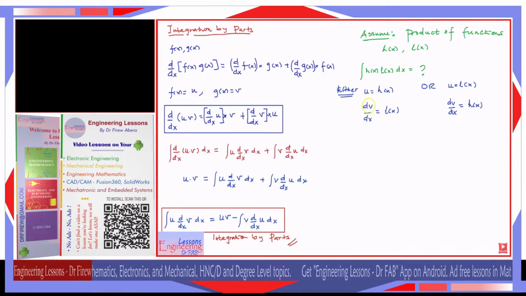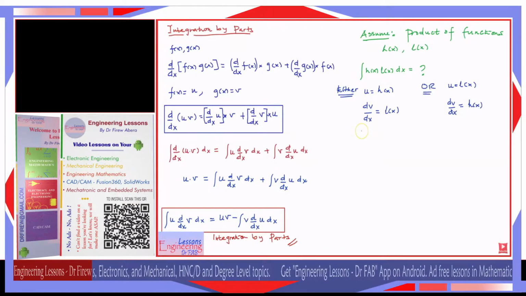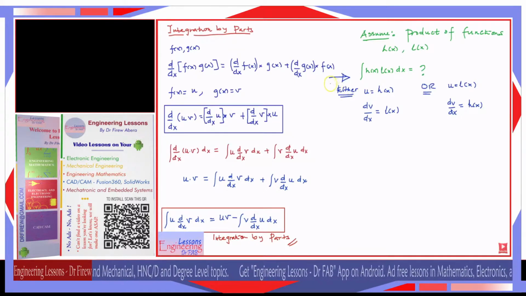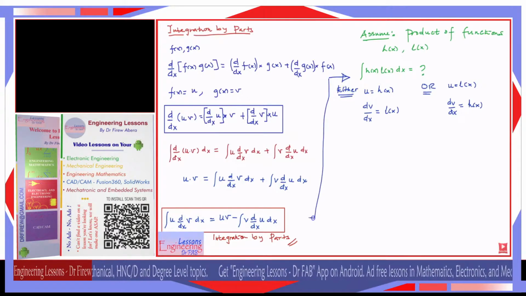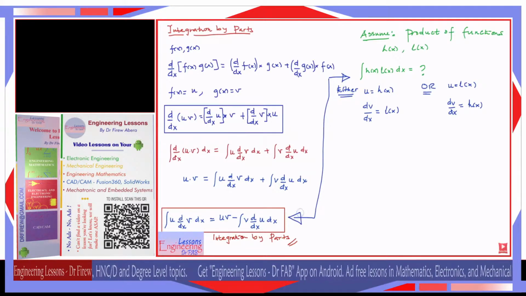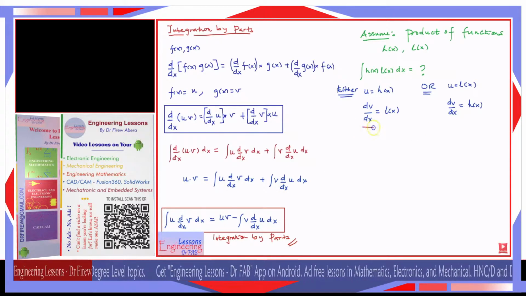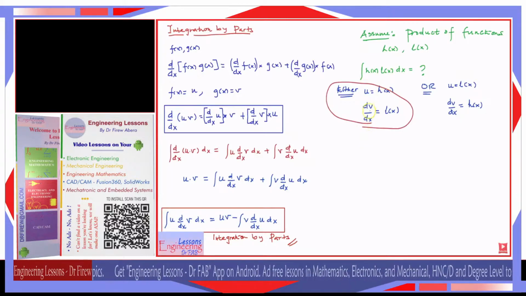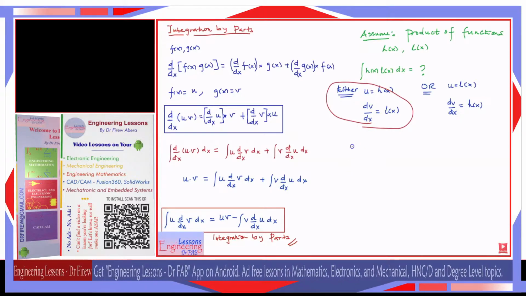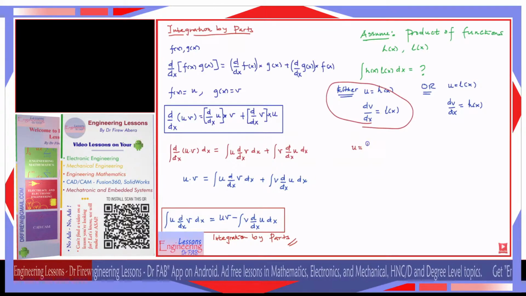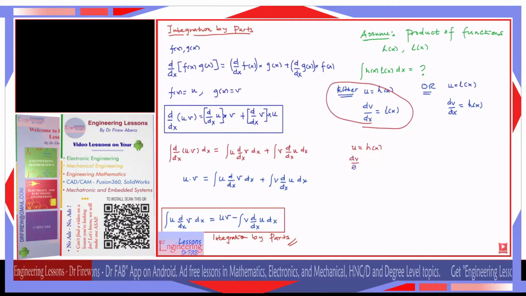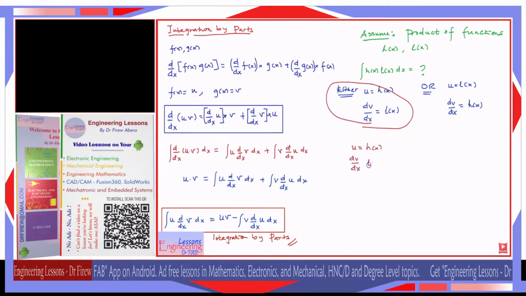If you take one of these assumptions, rewrite the given problem in this integration by parts form. Assume that we have taken this assumption, where our u is h of x and our dv by dx is L of x.